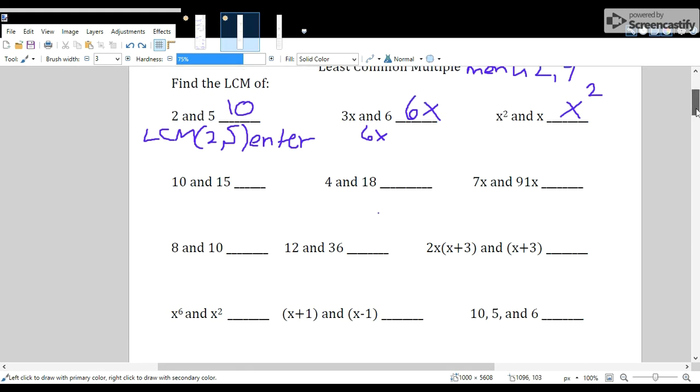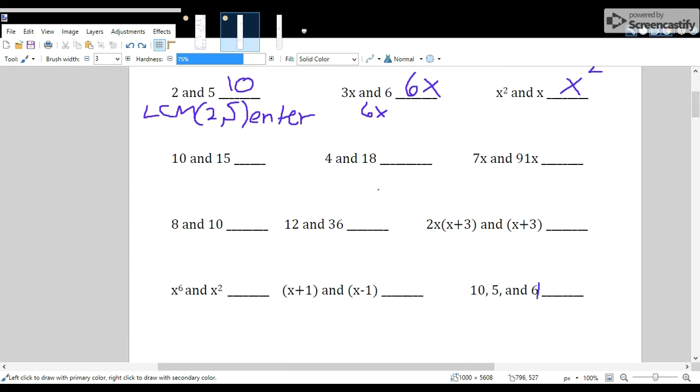Now when you get to the one that has 3 numbers, one thing that we could do is write the multiples of each of these numbers. So here's 5, and then we have 6, 12, 18, 24, 30, and then 10, 20, 30.